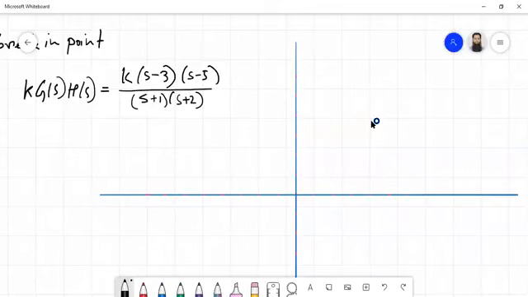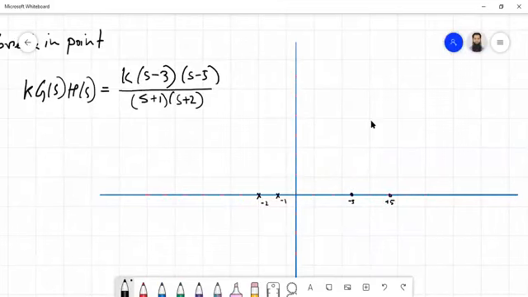So somewhere here, at -1 and -2, we have 2 poles, and at +3 and +5 we have 2 zeros.